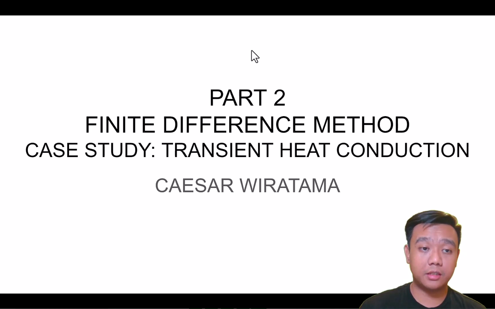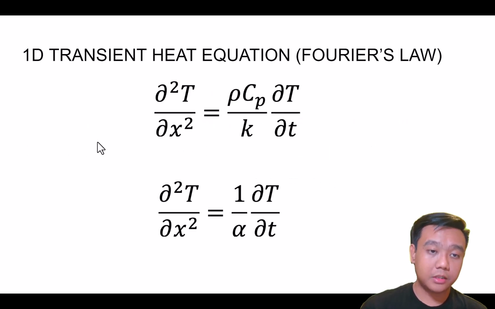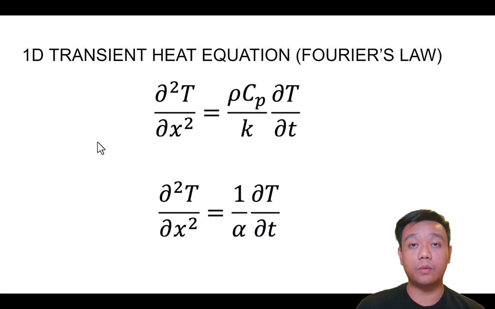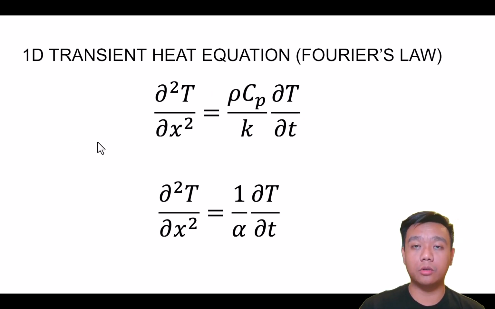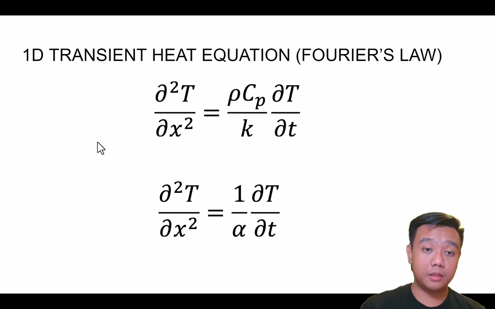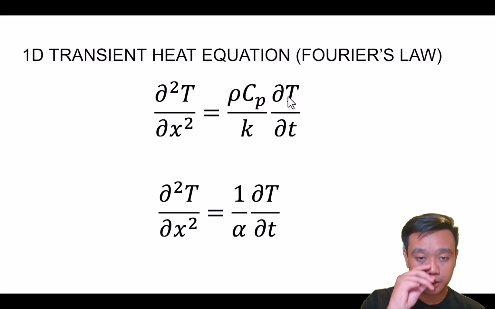Okay, let's just jump into it. The transient heat equation is governed by Fourier's law, and actually it's a three-dimensional heat equation, but I reduce it to only one dimension, so we only use the x direction here, and we keep this delta t for the time or the transient term.